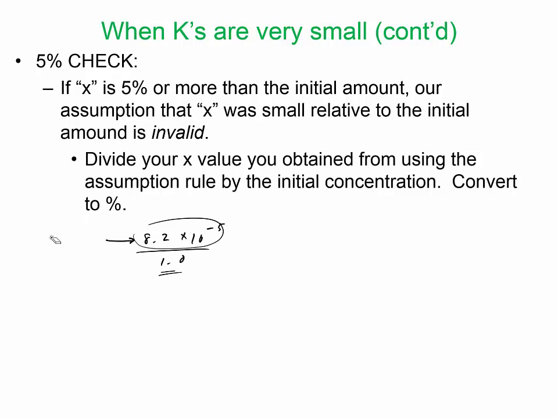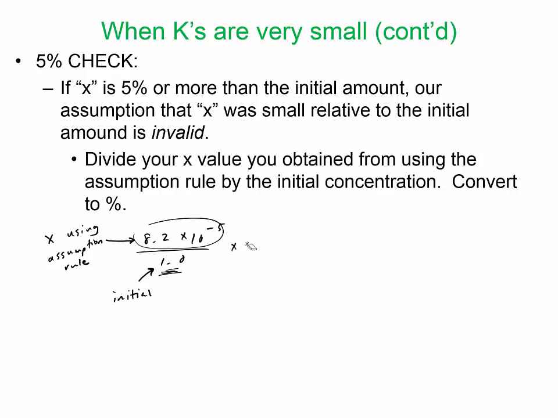This is our x using the assumption rule. And this right here was our initial amount, because this is the amount we were comparing it to. We were just saying that x is too small to make a difference in this 1.0.